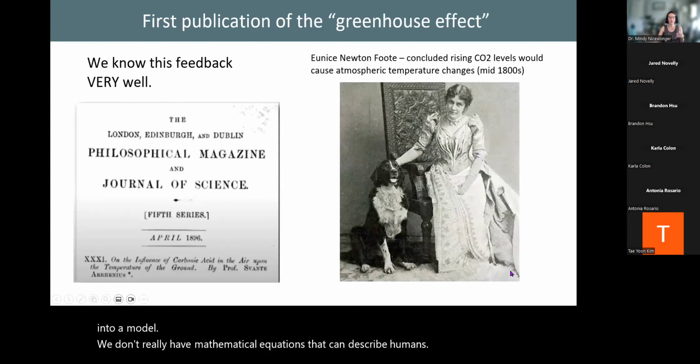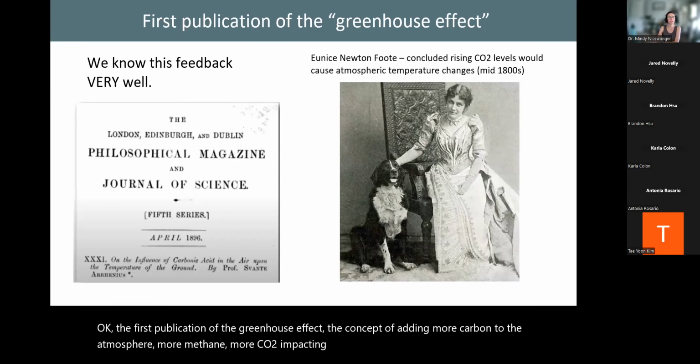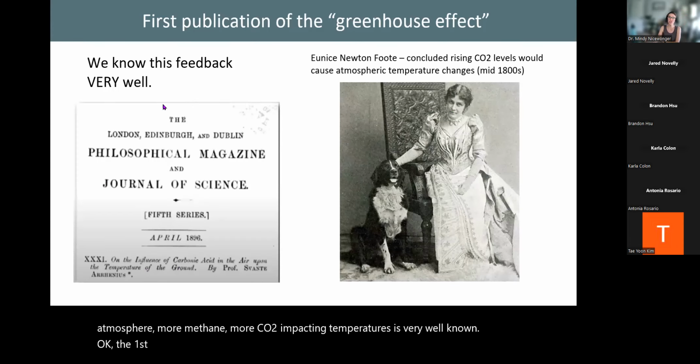Okay? The first publication of the greenhouse effect, the concept of adding more carbon to the atmosphere, more methane, more CO2, impacting temperatures is very well known. The first publication of this feedback is in 1896.